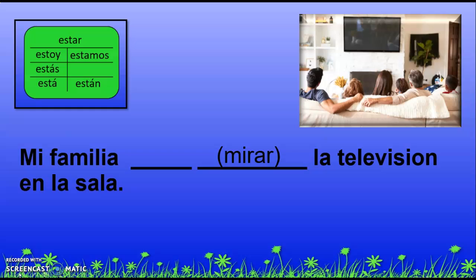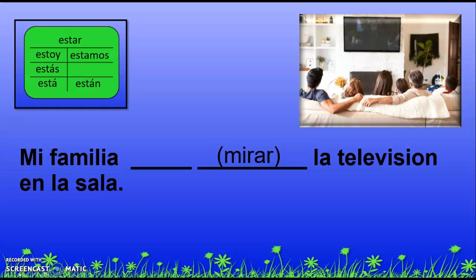Mi familia, mi familia. We want to say that my family is watching the television in the living room. This is a little bit tricky. When your subject is mi familia, even though we know that a family is by definition two or more people, mi familia is still a singular subject.